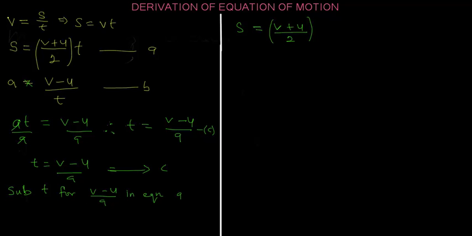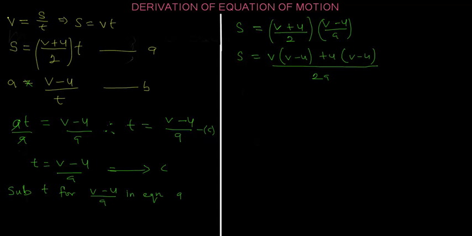But instead of writing t, I'm copying out equation A now, but instead of t we write v minus u over a. Then we put the bracket. Now, what we need to do is just a simple multiplication. So s is equal to v plus u times v minus u, all over 2 times a, which is 2a. I just did the multiplication of v plus u times v minus u, so this is what you get.